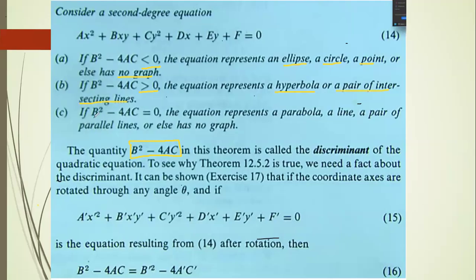And if it's equal to 0, we could say that it represents a parabola, a line, a pair of parallel lines, or else have no graph. So I'm working an example on it, but this is basically what it is. And we'll see how we use the discriminant to get our parent shape, or basically how we know what shape the equation is talking about.